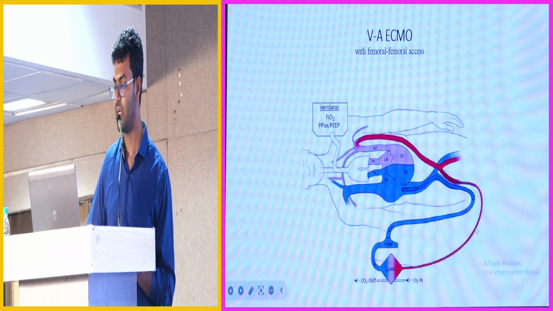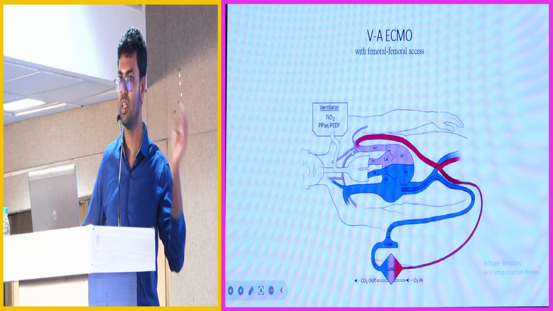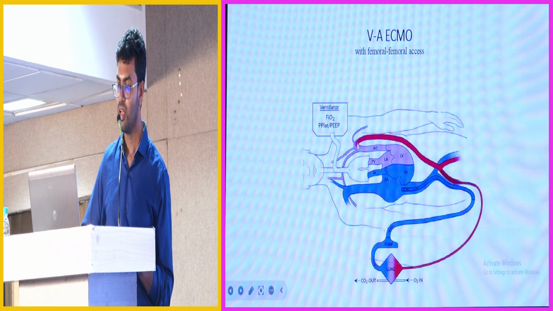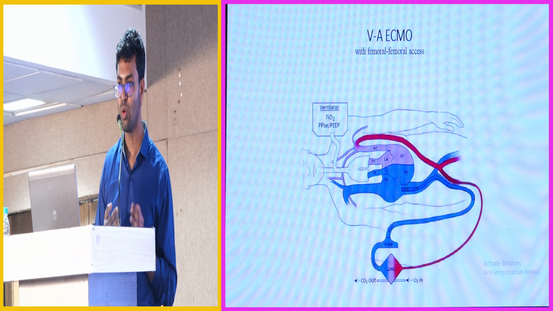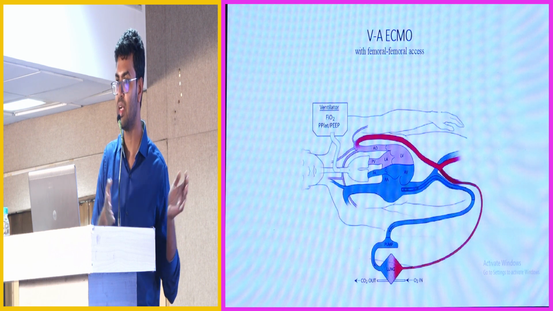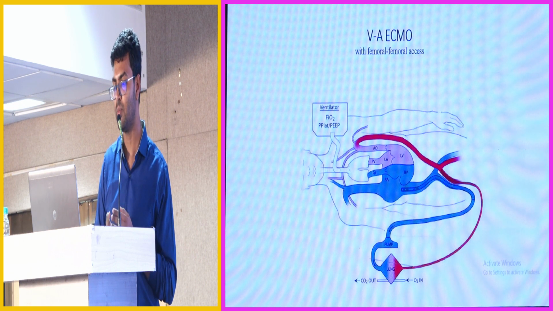Then the oxygenated blood is pumped into the femoral artery, the iliac artery, and goes in the opposite direction, from the iliac artery to the aorta, and pumps up to here. But we may not be able to drain the whole blood coming to the right atrium.